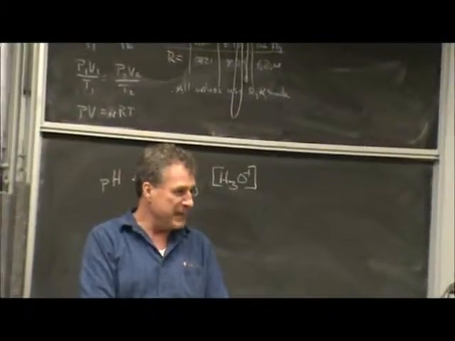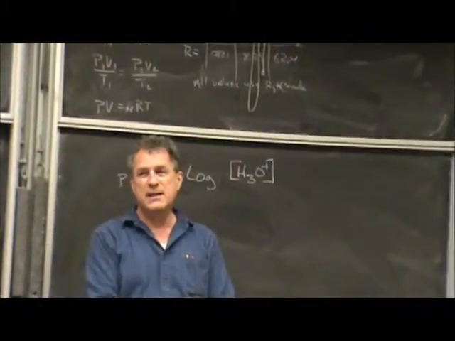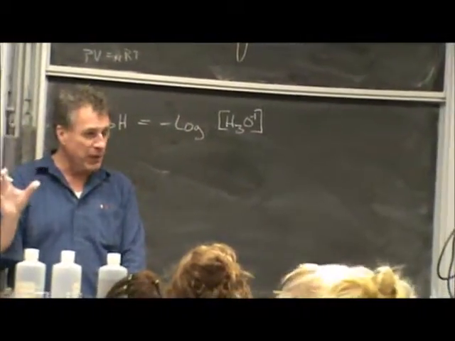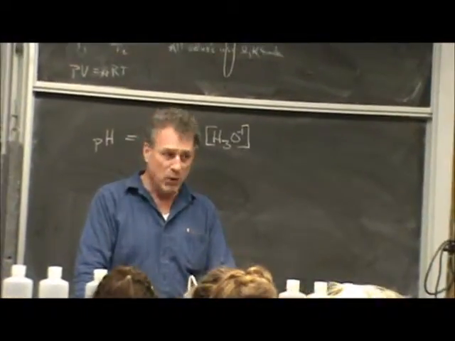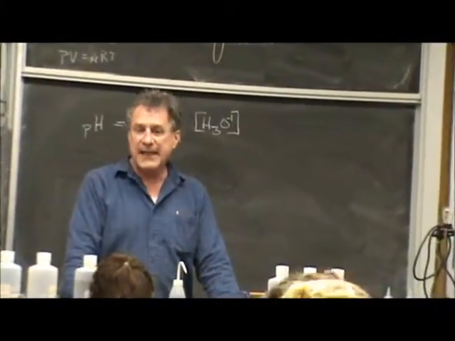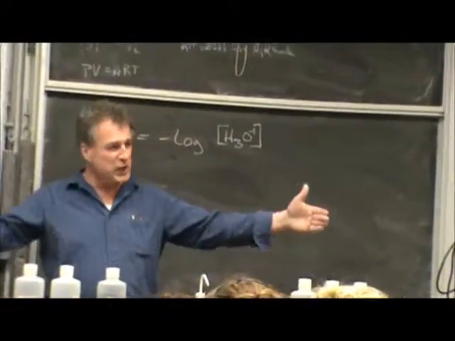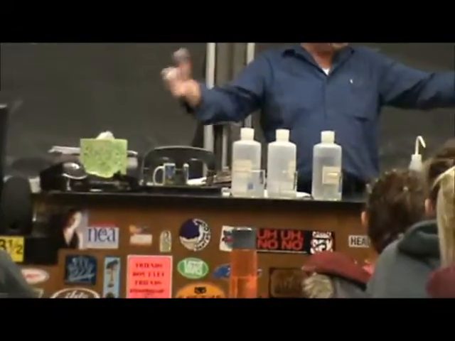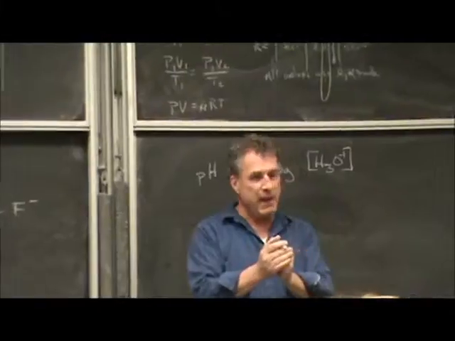It's a logarithmic scale because the range of hydronium ion concentrations is huge. It goes from about 10 moles per liter down to about 1 times 10 to the negative 15 moles per liter. 16 orders of magnitude. Huge range of numbers. And what do we do when we have a huge range of numbers? We often make it into a logarithmic scale.